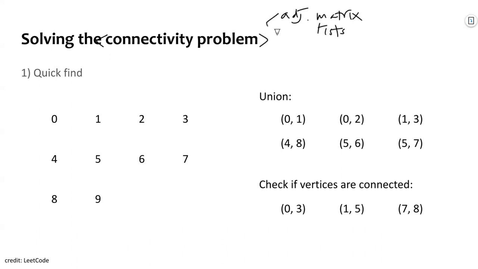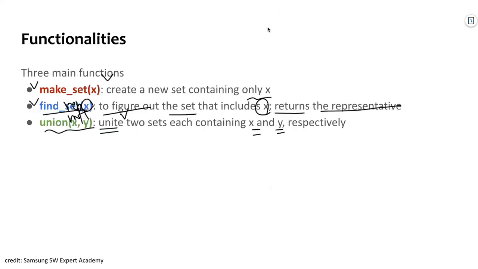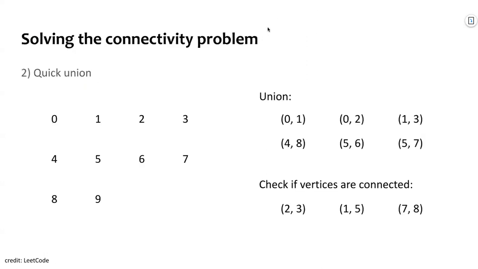However, these two representations are not good for solving connectivity problems. So we are introducing disjoint sets to solve the problem of connectivity. And in fact, there are two ways of implementing disjoint sets. The first one is quick find, and the second one is quick union. I'm going to talk about quick find first.